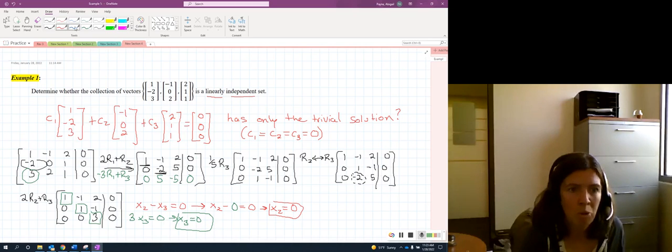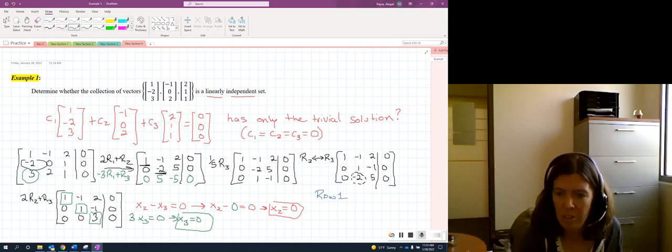Moving up to row 1, let me just write it over here. This row 1 tells us that x1 minus x2 plus 2 times x3 equals 0.